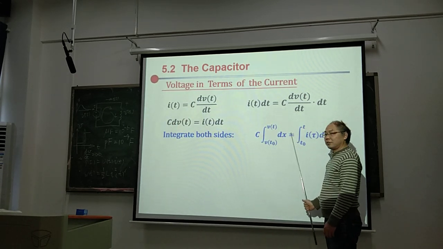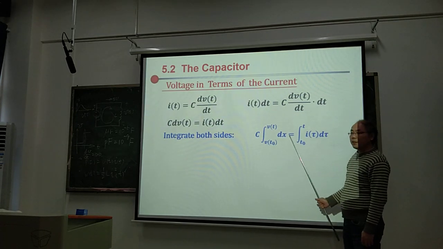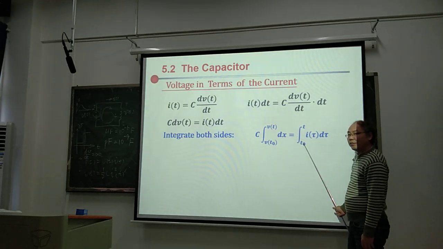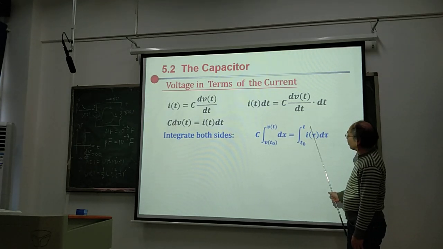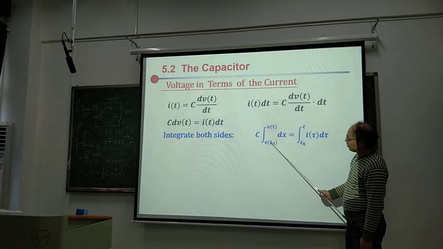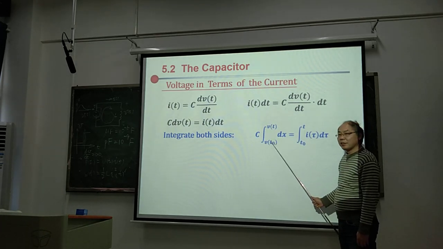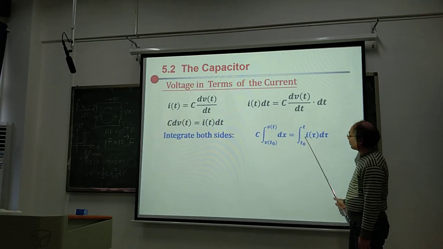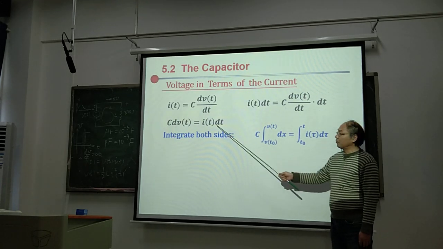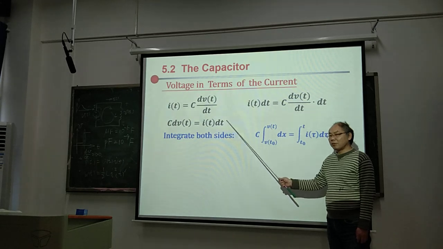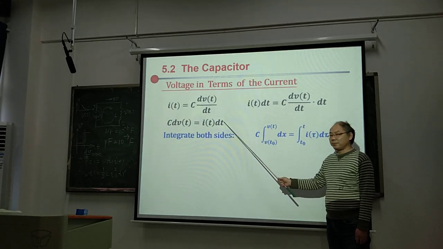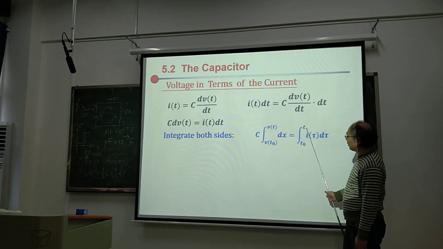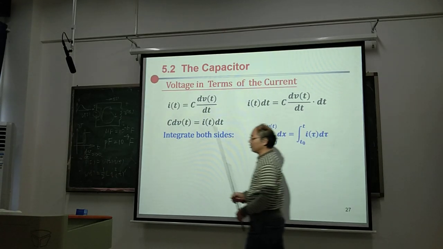If we analyze at the interval from t0 to t, the voltage goes from V(t0) to V(t). And the differential variable is time t, so this integral is from t0 to t. So we get this equation.